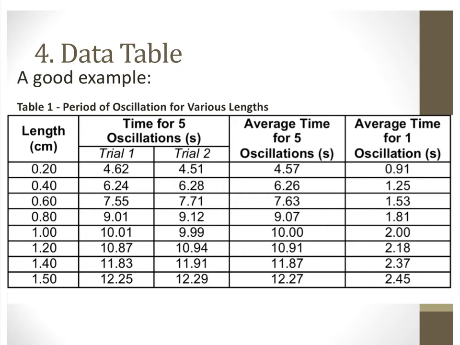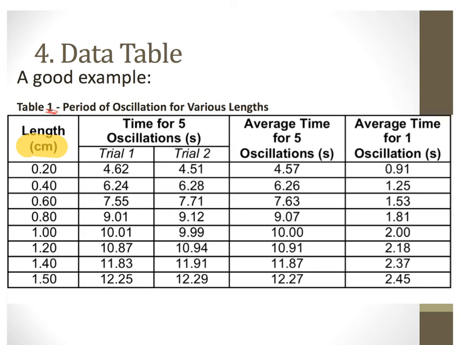So here we have an example of a data table. Once again, I'm just going to point out some important things. We have a title here for our data table in that standard convention that I was talking about earlier, where it's table and then the number of the table and then the title after that. We have headers for our columns that include units, and that's typically how we do it.